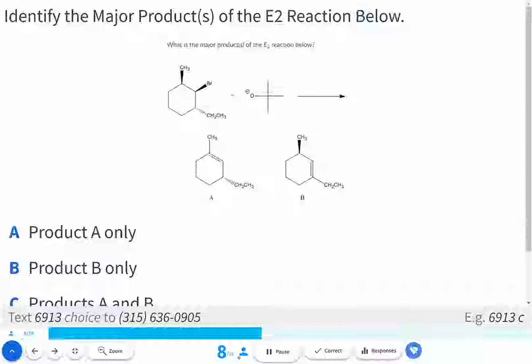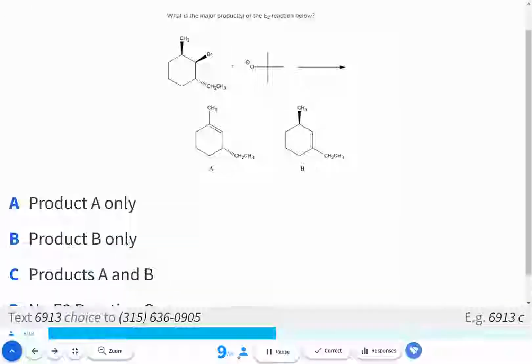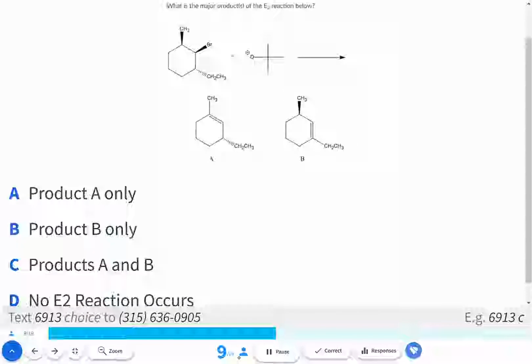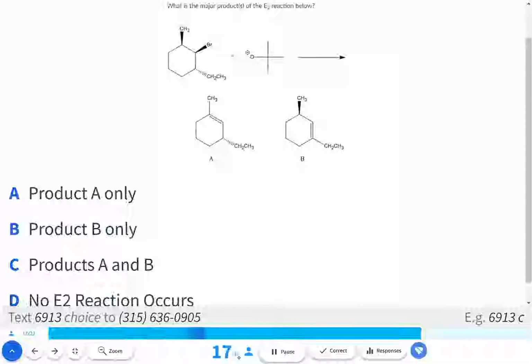So now what's the major product of this reaction? A and B, or no reaction? And you have all these on paper.